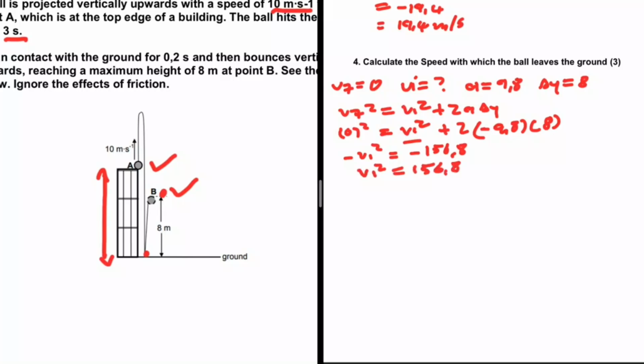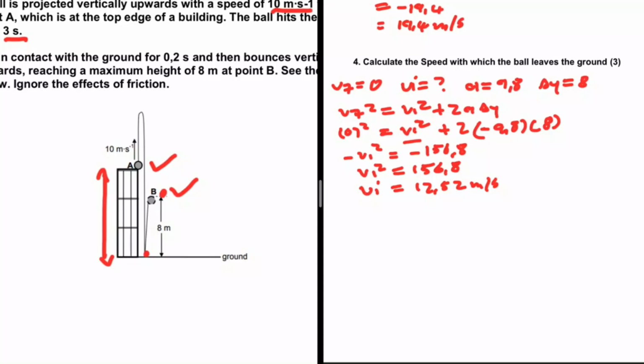Let's take square roots on both sides. We're going to have Vi equal to 12.52 meters per second upwards, right? That is the velocity as it leaves the ground. Well, the question says speed, so let's not indicate the direction because the question says speed. There we go. That is question 4.